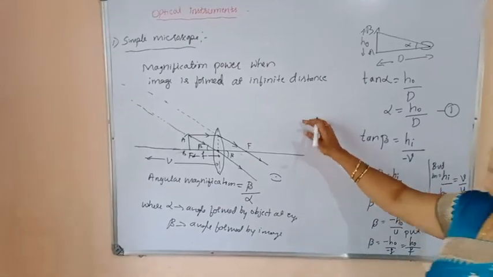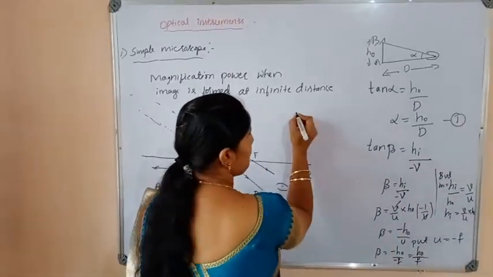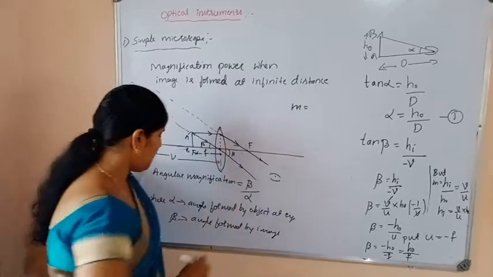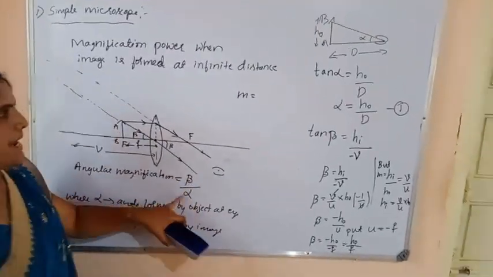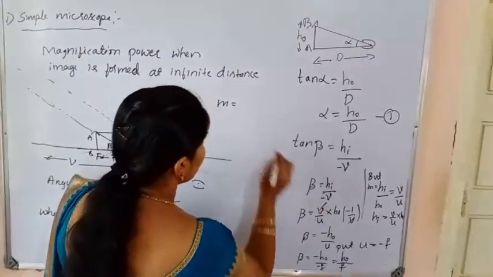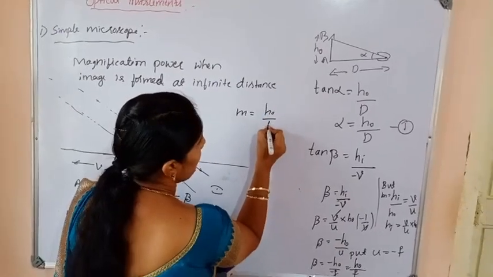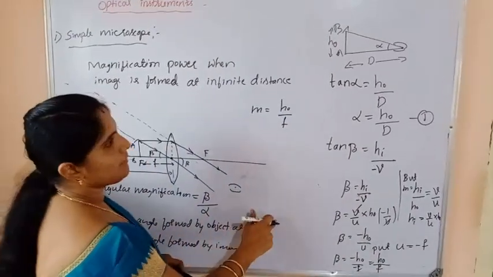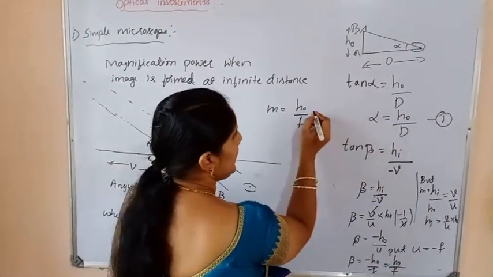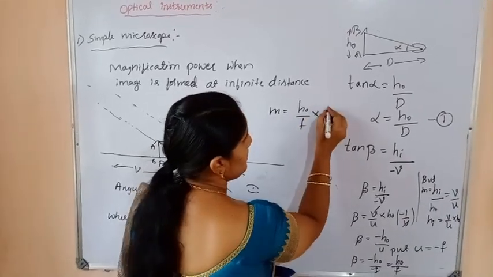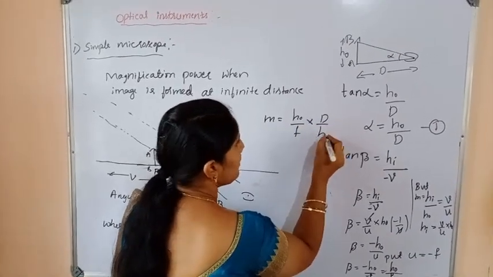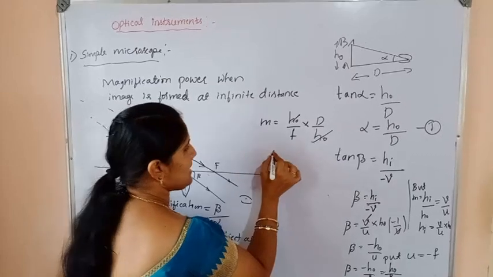Shall I write here? Magnification M is equal to beta by alpha. Here beta is H naught by F, and alpha is H naught by D. Sorry, that is D by H naught. H naught cancels.